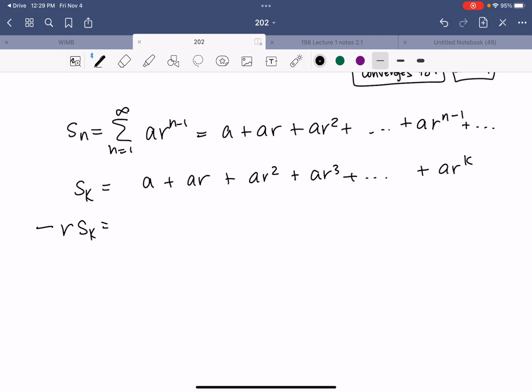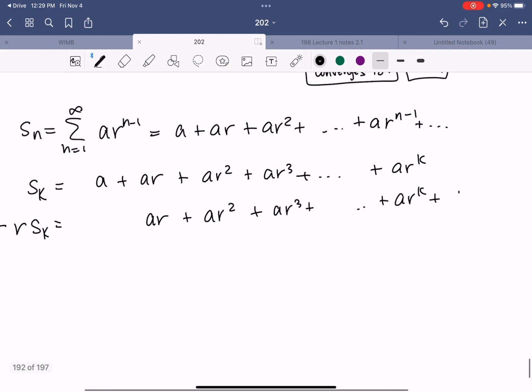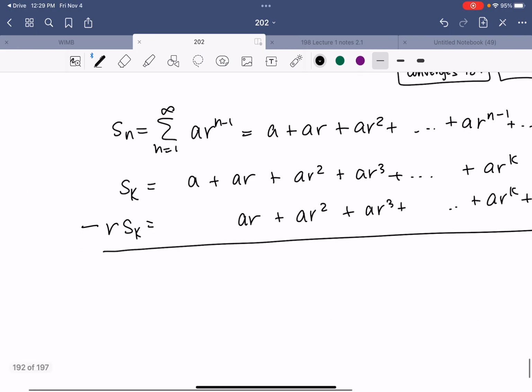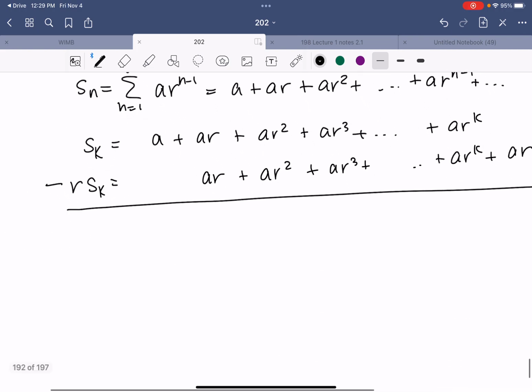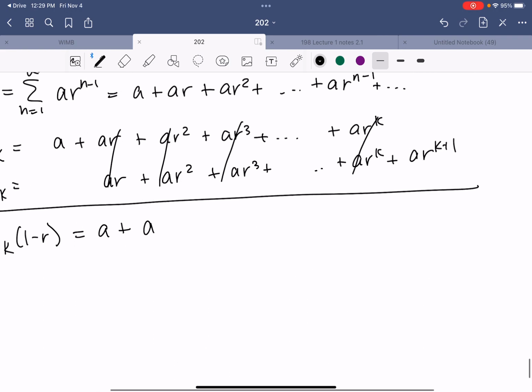That's going to give me ar plus ar squared, ar cubed, ar to the k, plus, if I multiply ar to the k times r, that's going to give me ar to the k plus 1. And then we subtract them. So when we subtract them, all of these middle ones cancel. And I'm left with sk times 1 minus r is equal to a minus a r to the k plus 1.